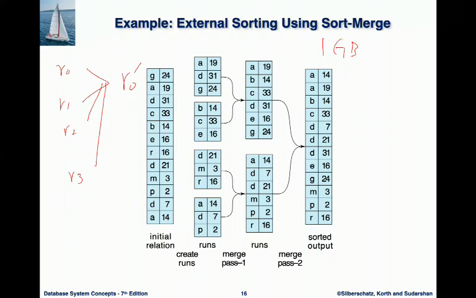Yes, Gabriel, that's correct. So R0, R1, R2, R3, for these 4 input files, I'm going to have 0.2 gig buffer, okay? And then I will need 0.2 buffer for the output purposes.